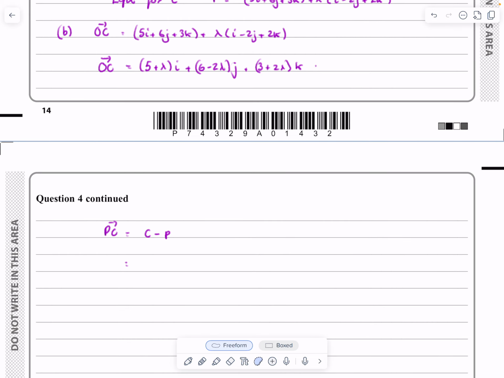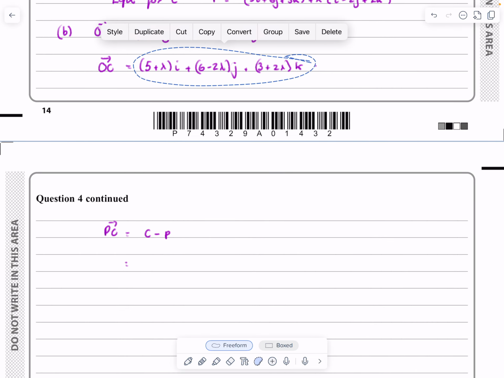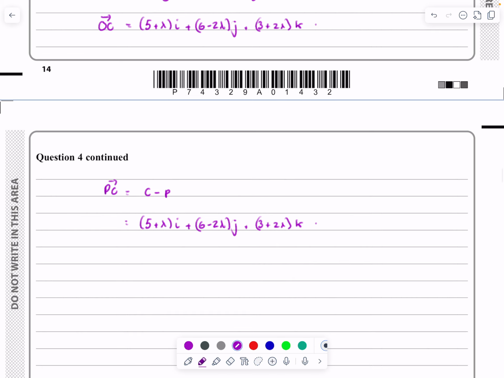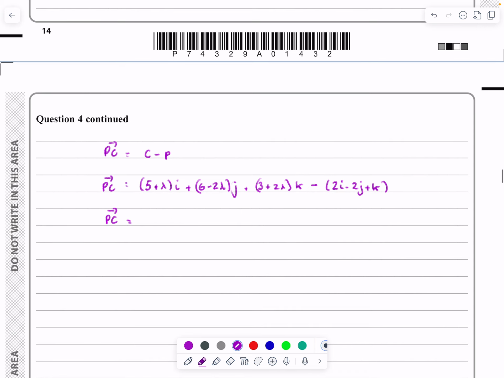In fact, I'm going to copy it down, that vector minus P, and P was 2i minus 2j plus k as we were looking at that. So I've now got a way of writing out PC. I'll leave you to tidy that all up, but I make it 3 plus lambda lots of i, 8 minus 2 lambda j.